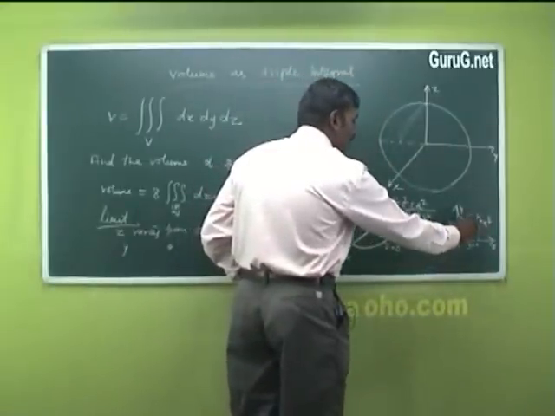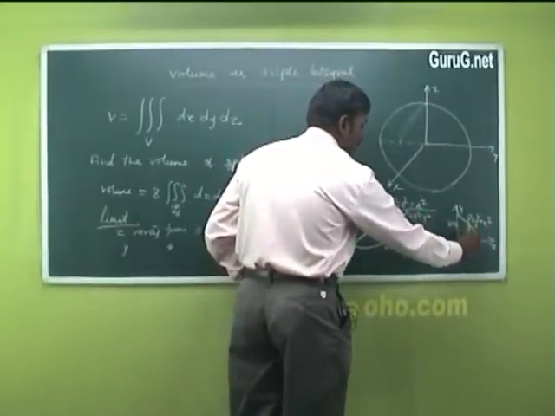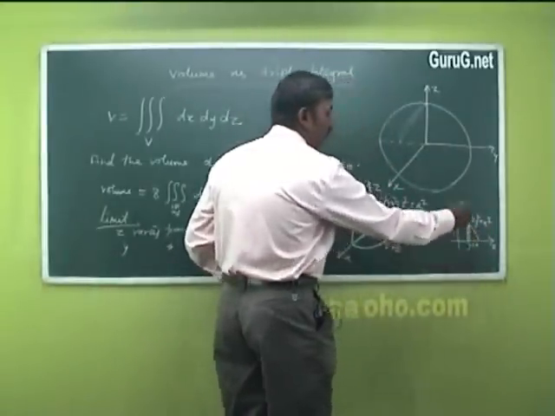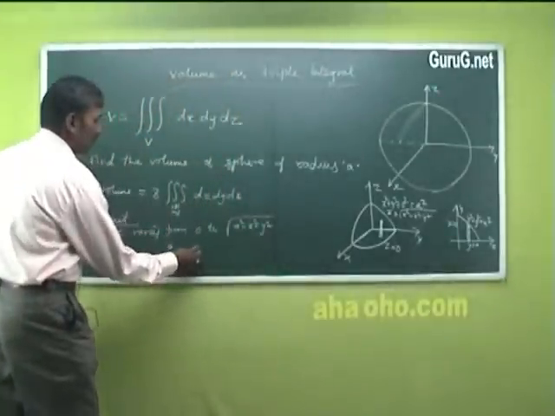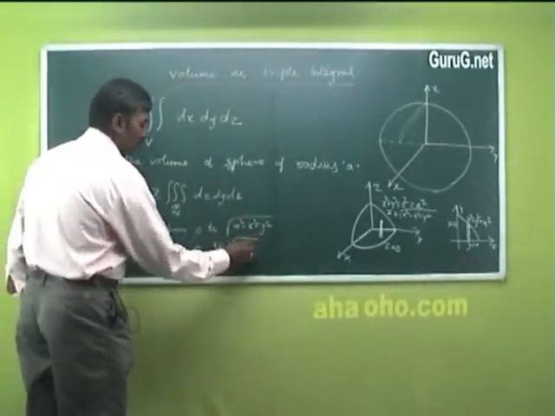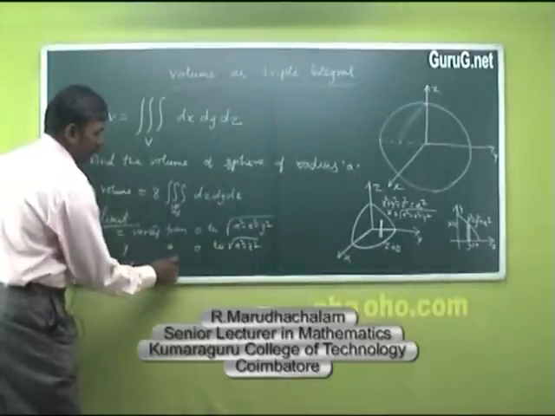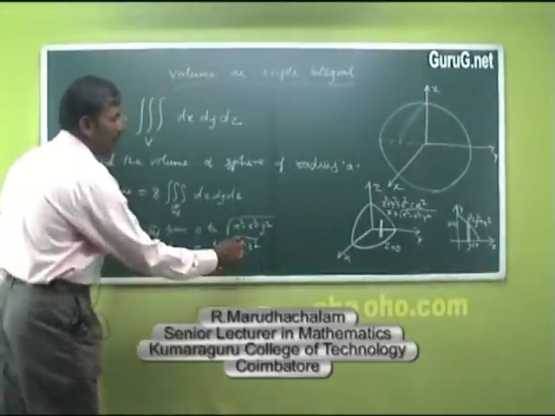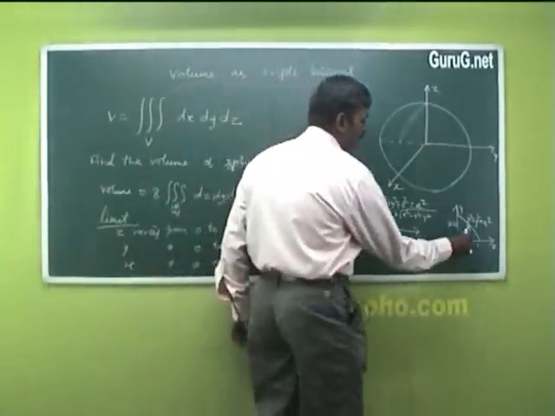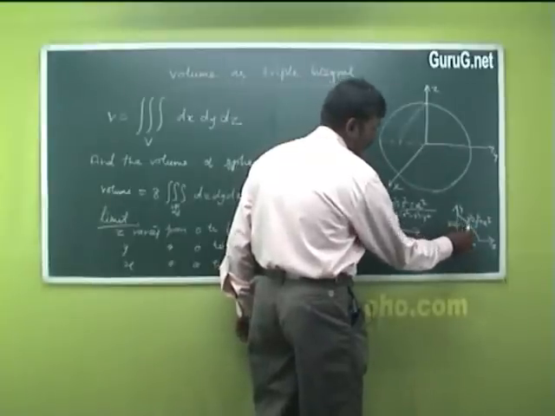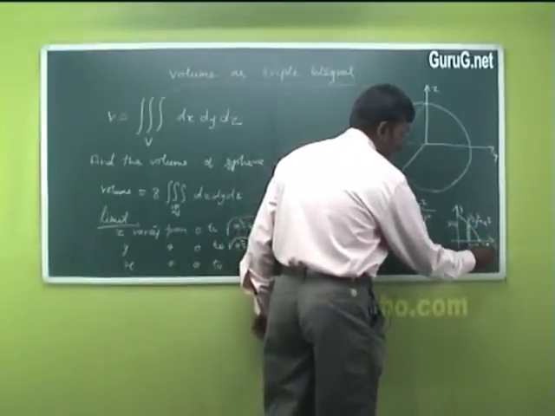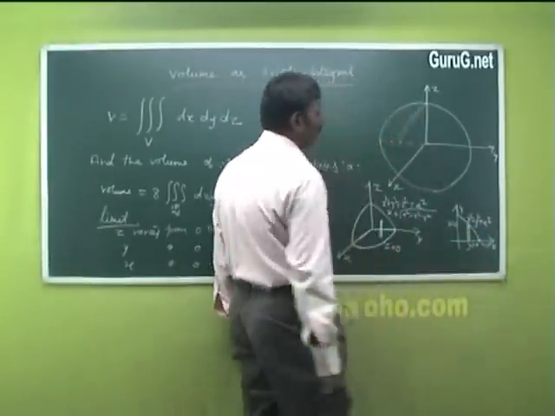In this you take a vertical strip, then y varies from 0 to root of a square minus x square, and x varies from 0 to, moving the strip from left to right, this point is a comma 0. So x varies from 0 to a.